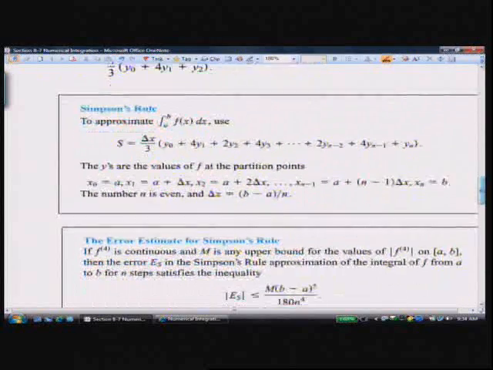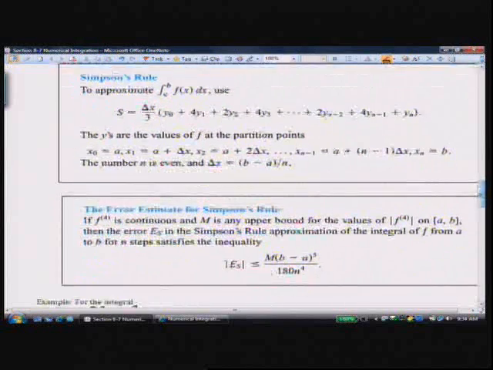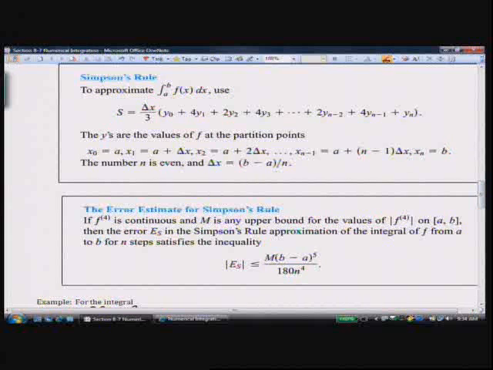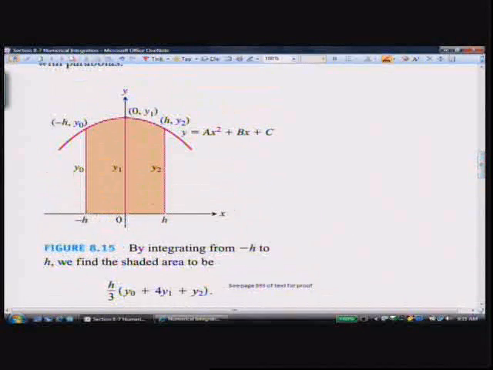And the y's are the values of f at the partition points, just like before. And your delta x is still (b minus a) over n. Now, it does require that n be even because it uses two intervals at a time. It's working with two rectangles there originally.